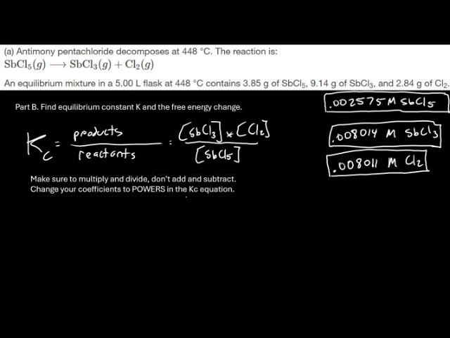Now, in our equation that we were given, notice there were no coefficients written, so in effect, everything has a coefficient of 1, and so everything in this equation will be first power. Another thing to watch for is if you see any pure solids or pure liquids, we do not include them in the equation and just place 1 instead.